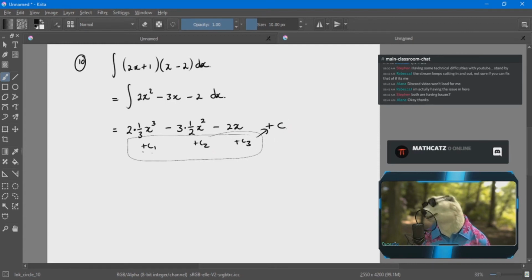So there's really no benefit in thinking of individual constants when they will always merge into one constant that I can just put at the end. And we'll call this the integration constant. So this is always what we're going to do. There's never any need to worry about constants on the way, when I can always just pool them and represent them as a single constant.